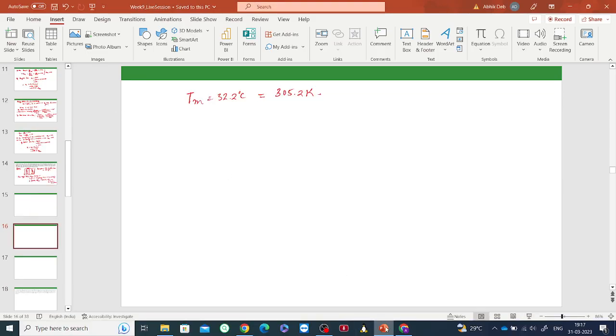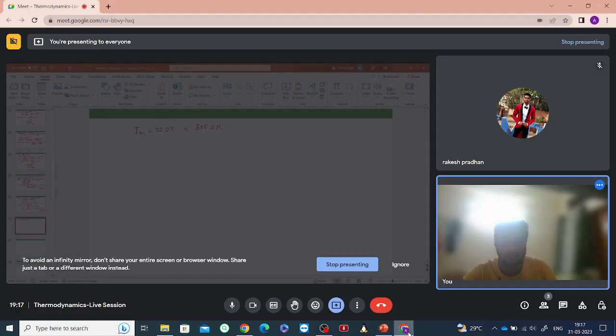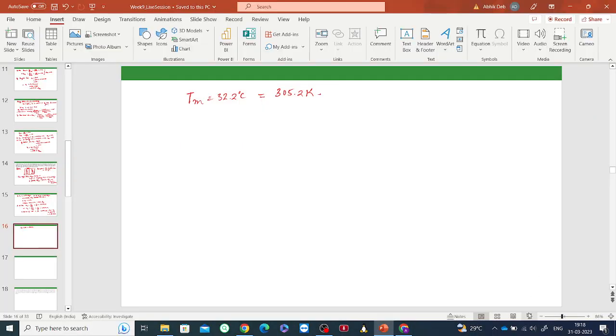For determining the final pressure of the mixture, we have to determine the volume of the final mixture. A very important consideration here is that the tank is rigid.